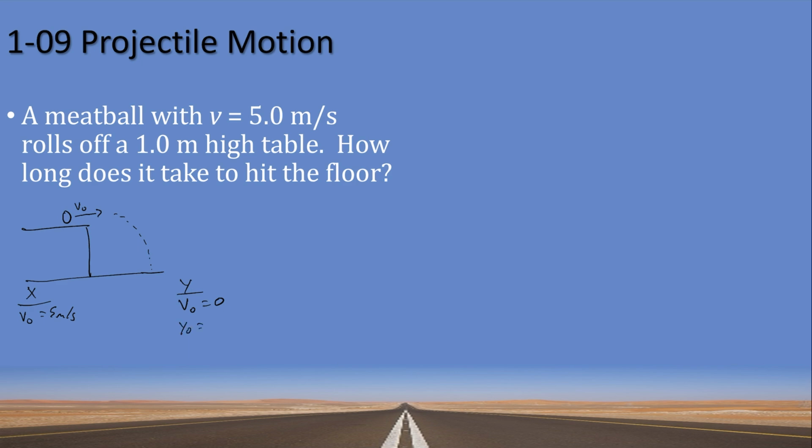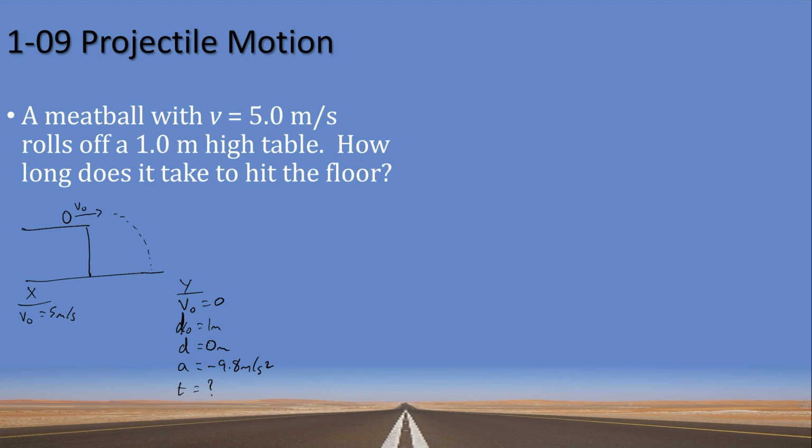We know the initial height is 1, and our final height when it hits the floor is 0. And in the y, we know our acceleration is negative 9.8 meters per second squared. And we're looking for time.